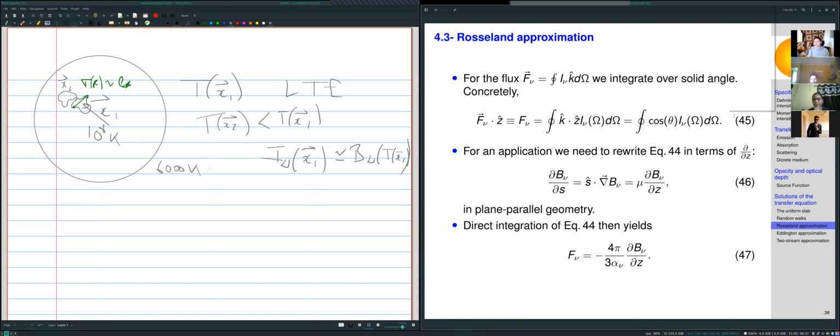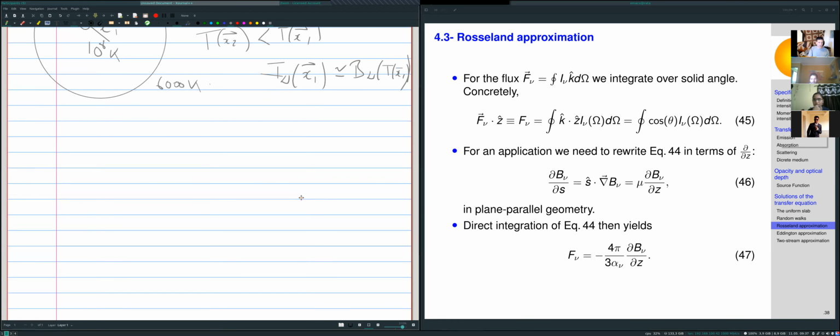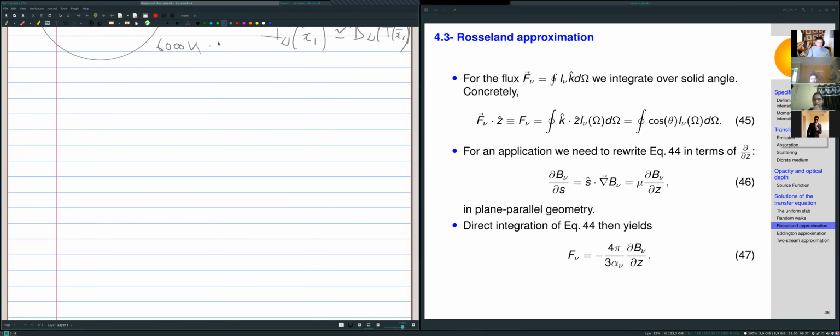So if we want to obtain the flux, then we integrate over direction. This notation here might be somewhat confusing, so I'll clarify it now. The flux vector I then write as an integral of the specific intensity field over direction.